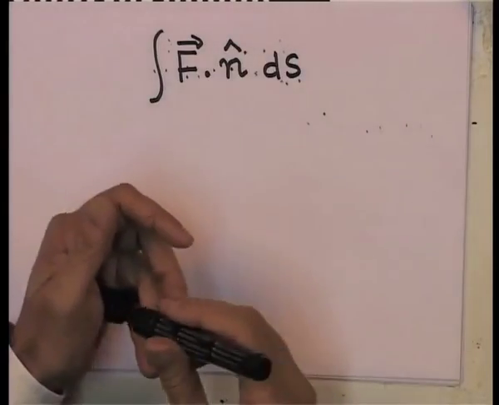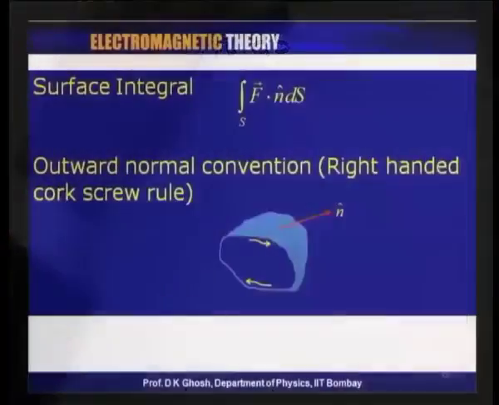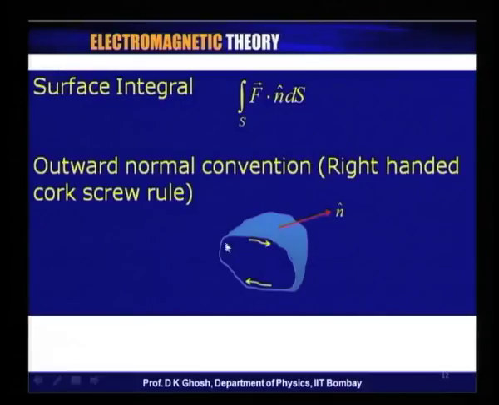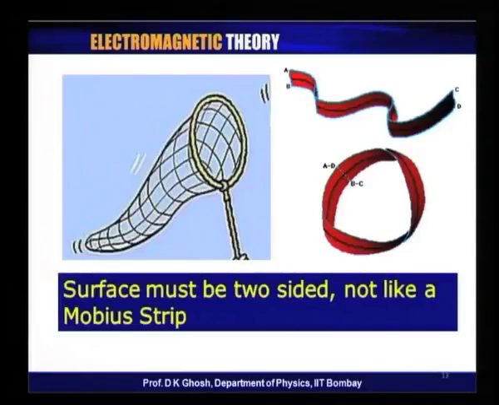Now, in order to understand the surface integral, look at this situation. Let me take an open surface, for example, a hemisphere, which is an open surface. A better situation is to have a net, for example, a butterfly net. You notice that there is a rim here and there is a net which is bounded by this ring, and this is an open surface in the sense that this surface is there only to one side of the boundary.